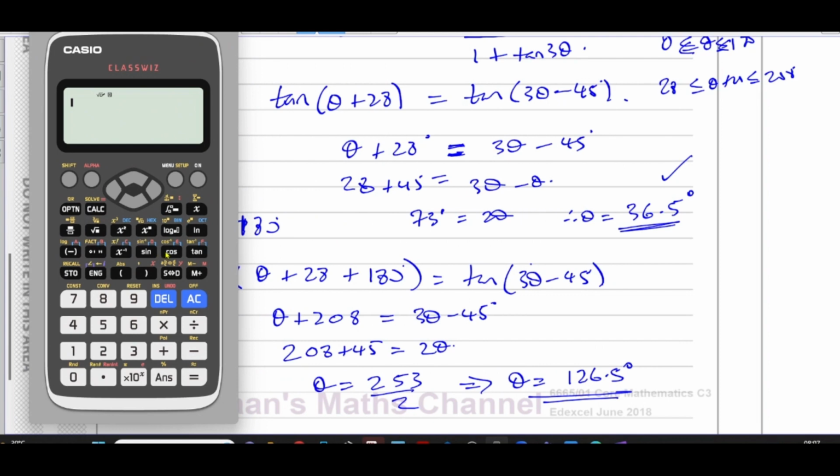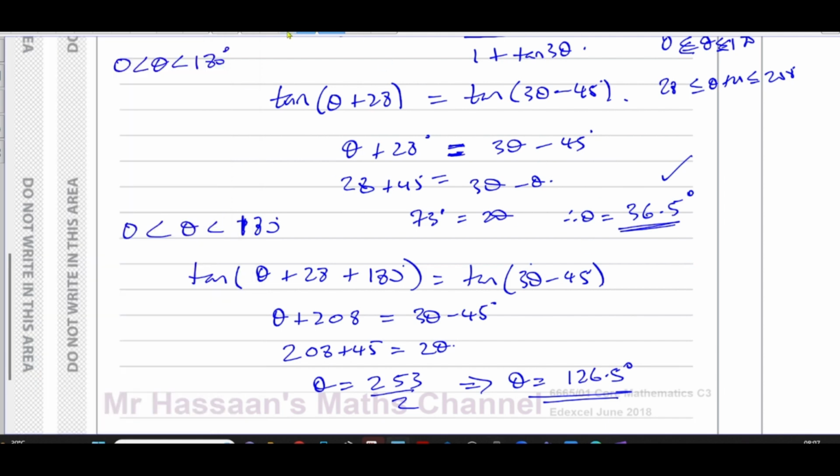Let's find out what the tan of 36.5 plus 28 gives you. It gives us 2.0965. I'll just write it over here.